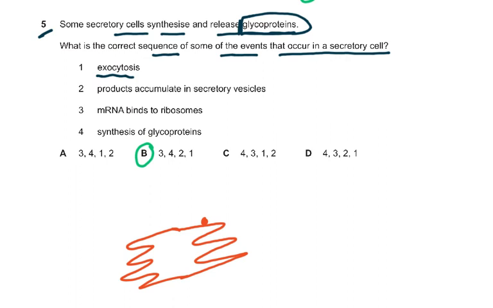The first thing is, mRNA binds to ribosome, because that's where the protein is going to be made. So this is the ribosome, and here the protein is going to be made. So mRNA binds to ribosomes, right? And then synthesis of glycoproteins. Now they have shortened it all up, so this is going to bud off, this is going to be the secretory vesicle, and then this is going to go to the Golgi.